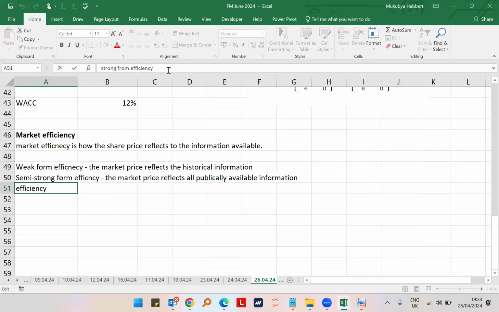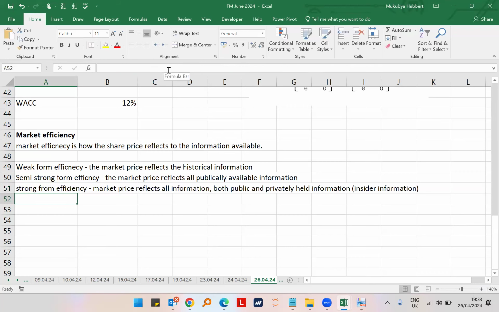And finally, the strong form efficiency, here the market price reflects all information, okay, both public and privately held information, which we sometimes call insider information.